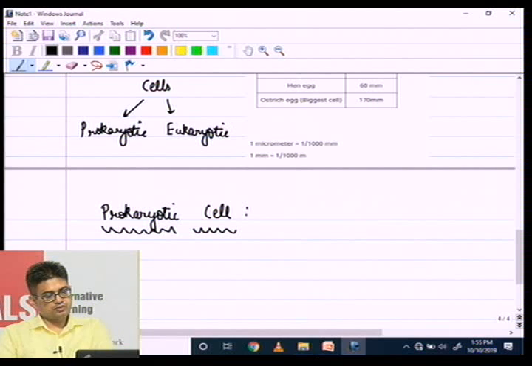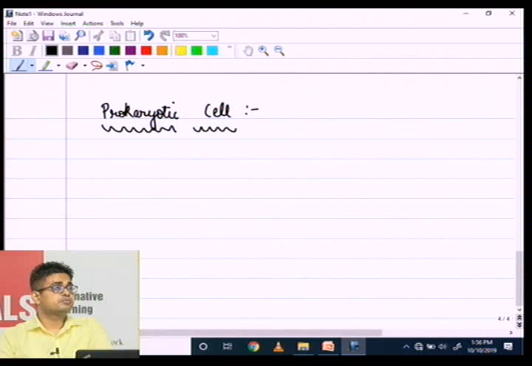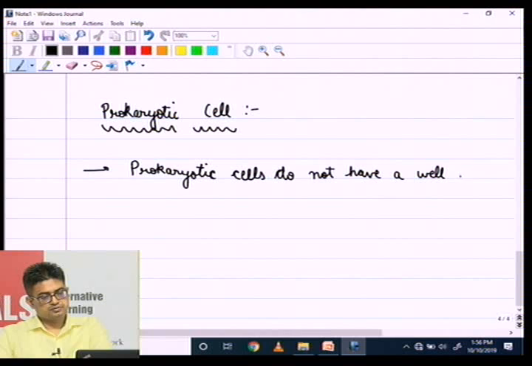What we are going to cover today is starting from the prokaryotic cell to the eukaryotic cell, and then the plasma membrane, chloroplast, and mitochondria. We have to cover a lot. Prokaryotic cells do not have a well-defined nucleus.